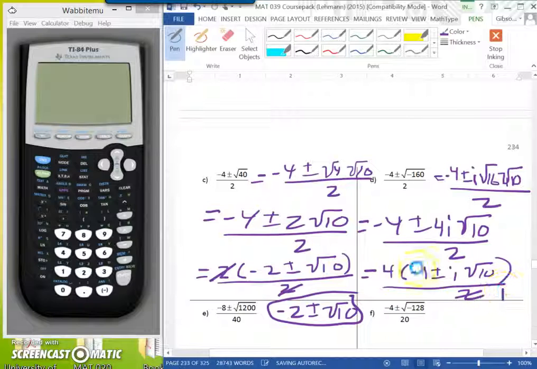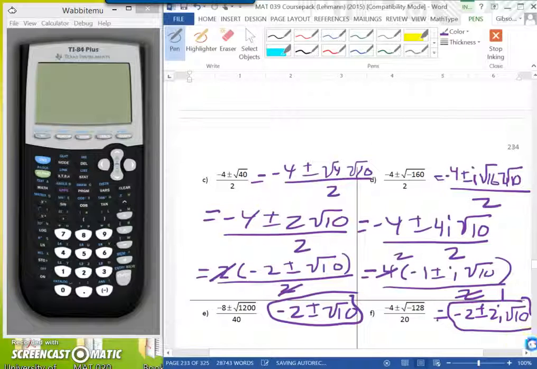Now 2 goes into 2 once, 2 goes into 4 twice. So for our final answer for this problem, we can actually multiply 2 by everything in here. So it'll be negative 2 plus or minus 2i square root 10. And that will be our final answer for this problem.